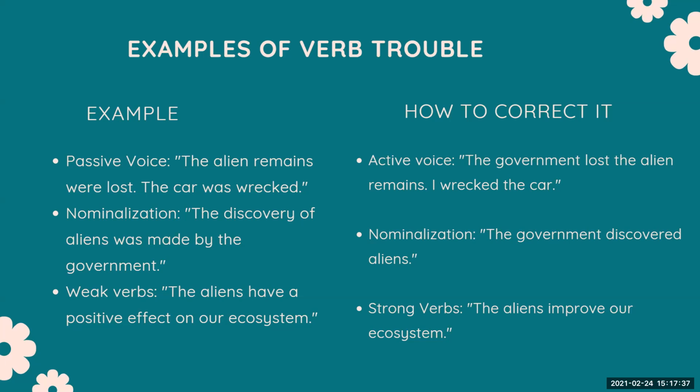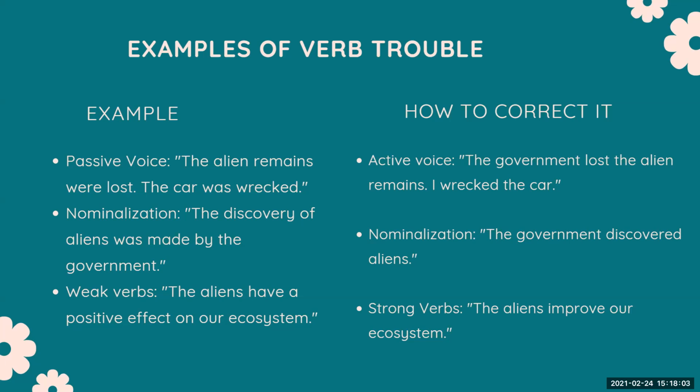So, for example, the active voice sentence reads, "The government lost the alien remains. I wrecked the car." So we put the government at the beginning of the sentence. We really wanted to focus on lost as the primary action that was occurring, in order to get that direct thought.